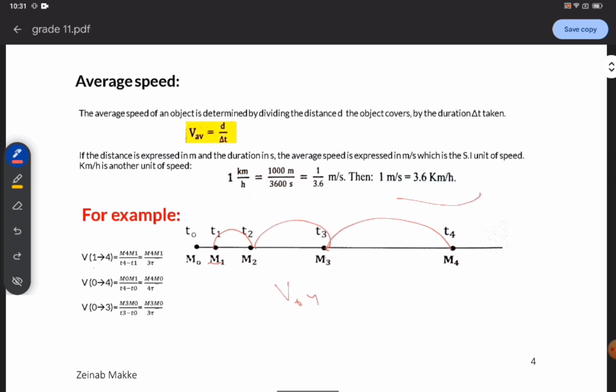V04 is the distance from M0 to M4, M0M4, over 1, 2, 3, 4 tau.